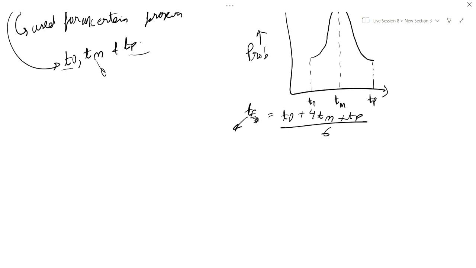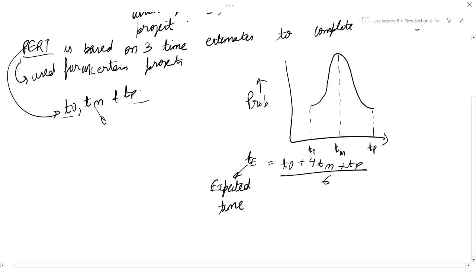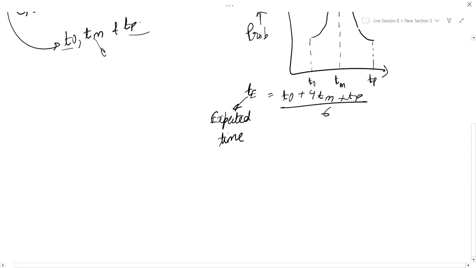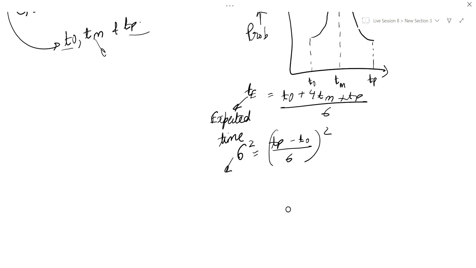Also the variance of an activity is Tp minus T naught divided by 6, whole square.